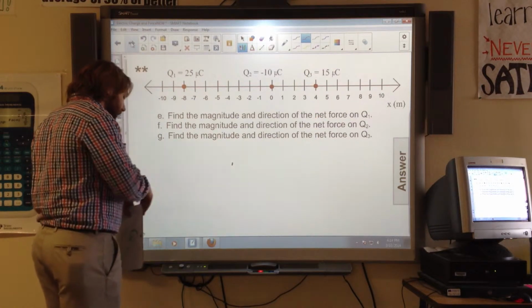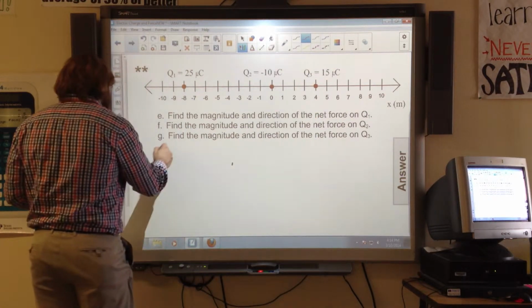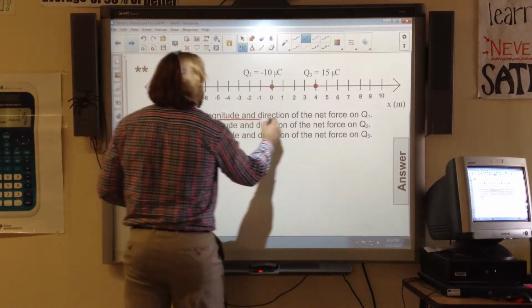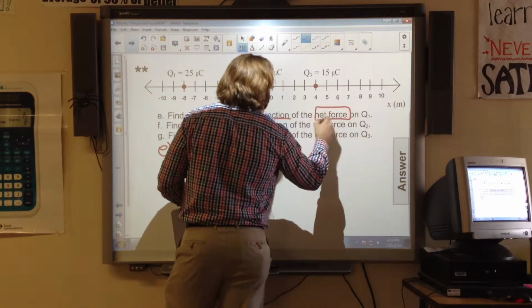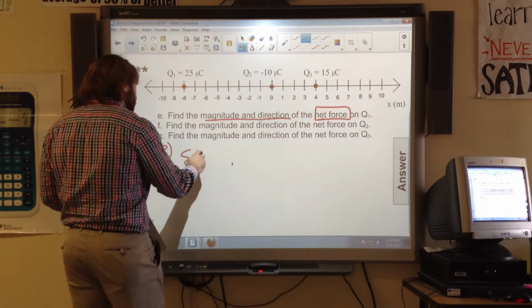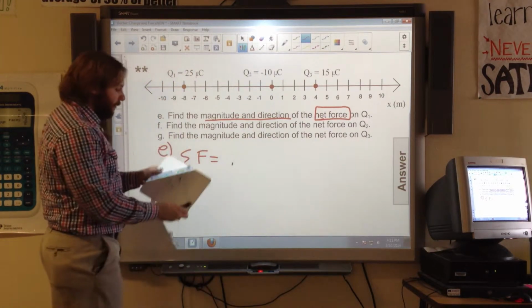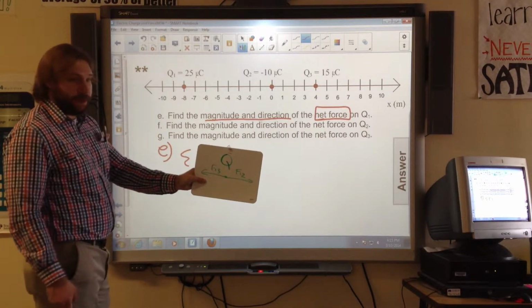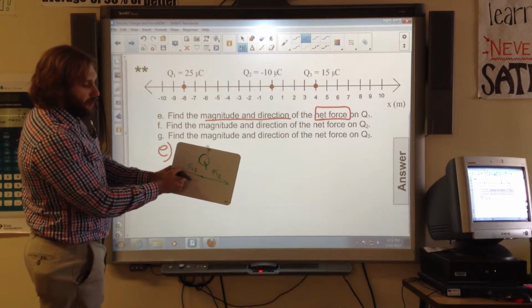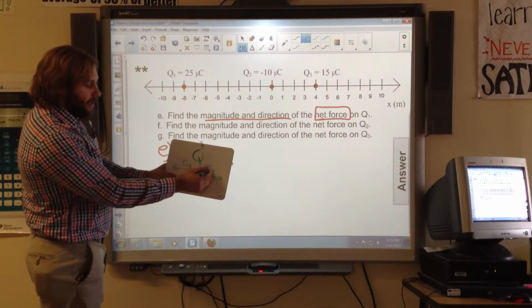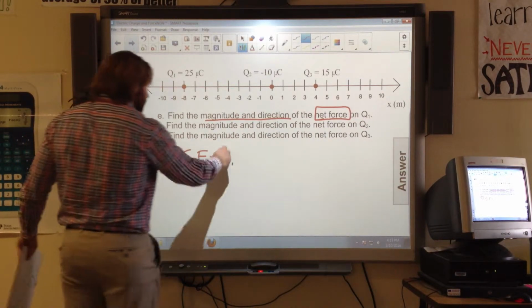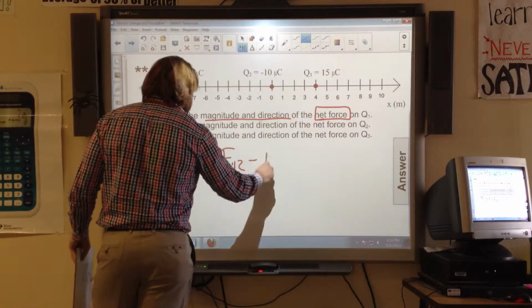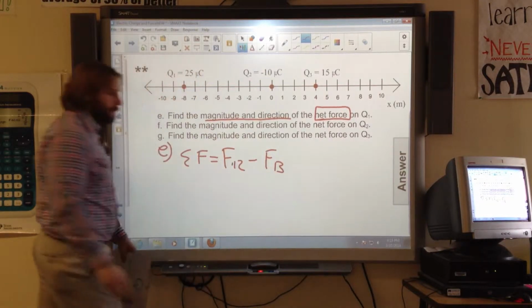So when it asks us for part E, find the magnitude and direction of the net force. I use my free body diagram to get my answer here. So I look here, because it's going to the left, that's negative. Because that's going to the right, that's positive. So I write it as F12 minus F13.